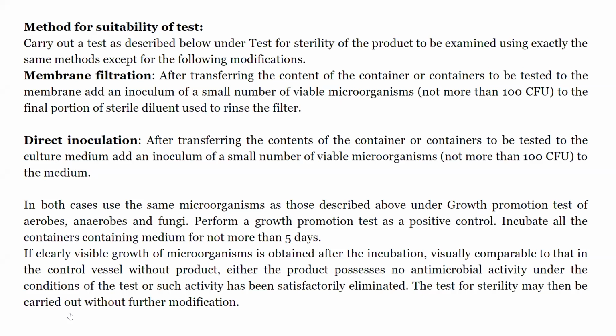First is membrane filtration. After transferring the content of the container or containers to be tested to the membrane, add an inoculum of a small number of viable microorganisms to the final portion of sterile diluent used to rinse the filter. So you are contaminating the filter now.